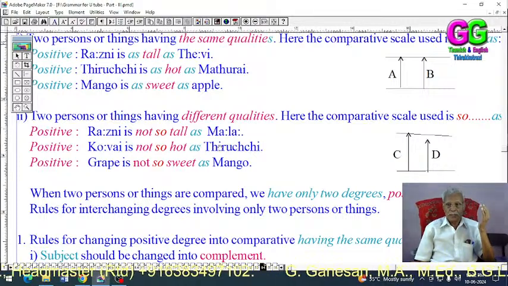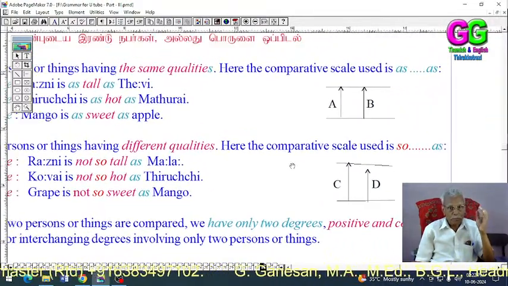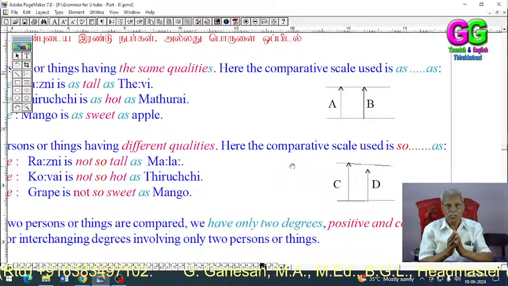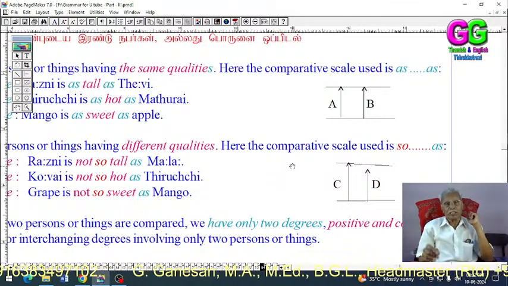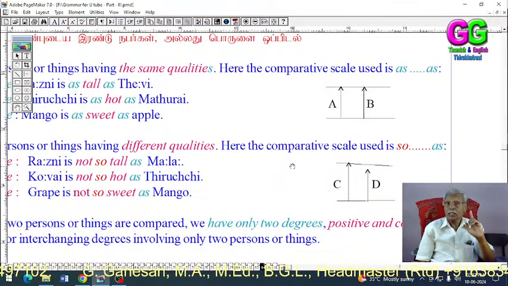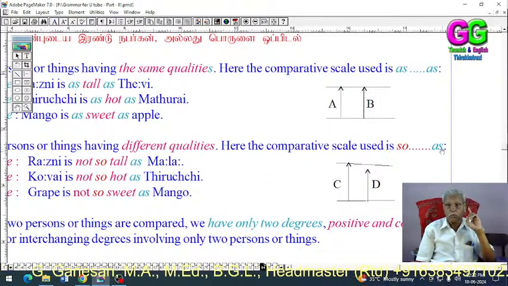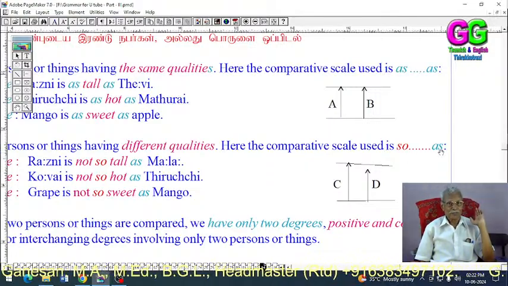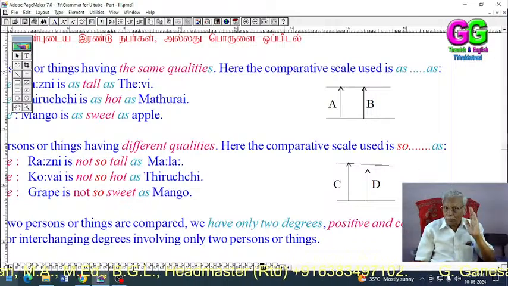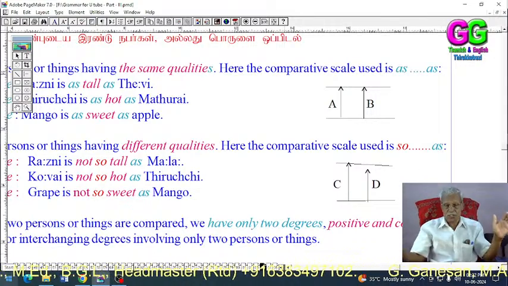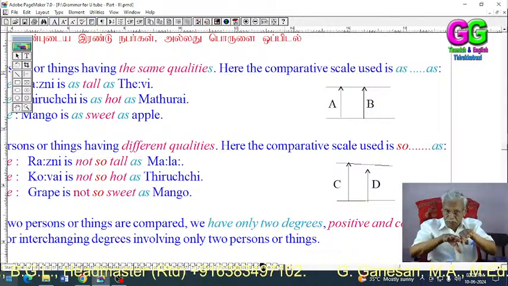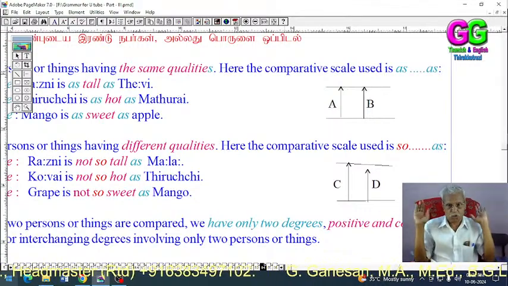Then to compare two persons or things having different qualities, the scale used is so as. Okay? For comparing same qualities, as. For comparing different qualities, so as. That's all.